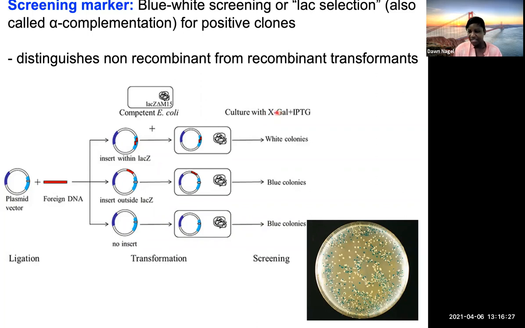This substrate is important because it hydrolyzes and creates this blue pigment. So if beta-galactosidase is there and functional, then you will have blue colonies being produced.